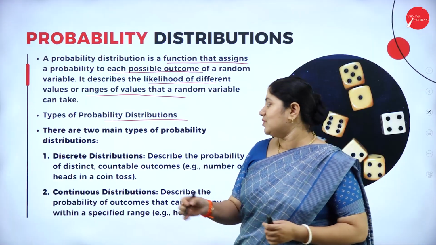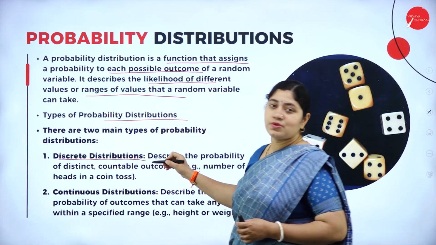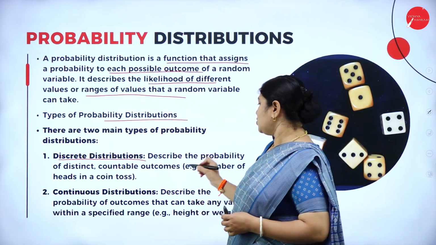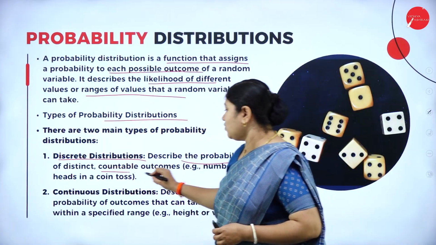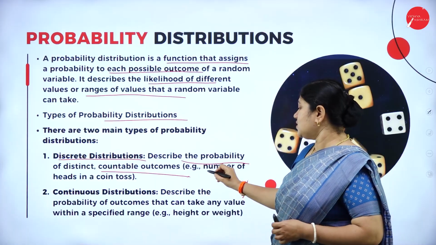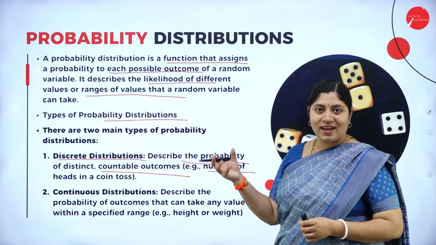Now let's see the different types of probability distribution. The first type is discrete distribution. It describes the probability of distinct as well as countable outcomes. An example is our dice example.